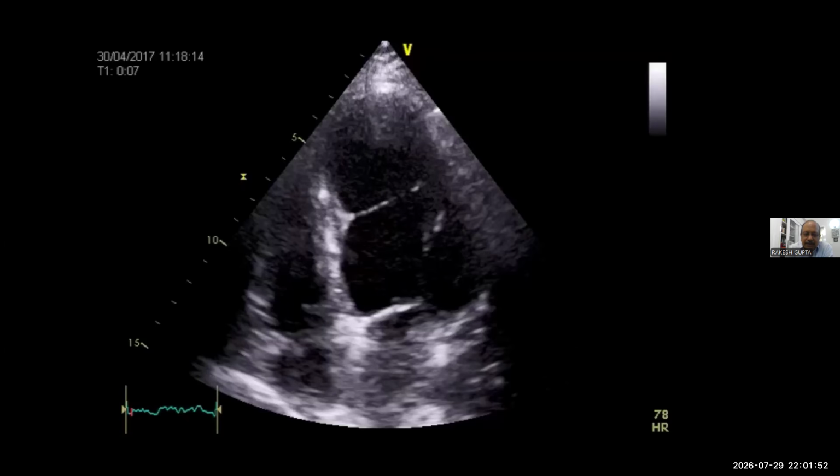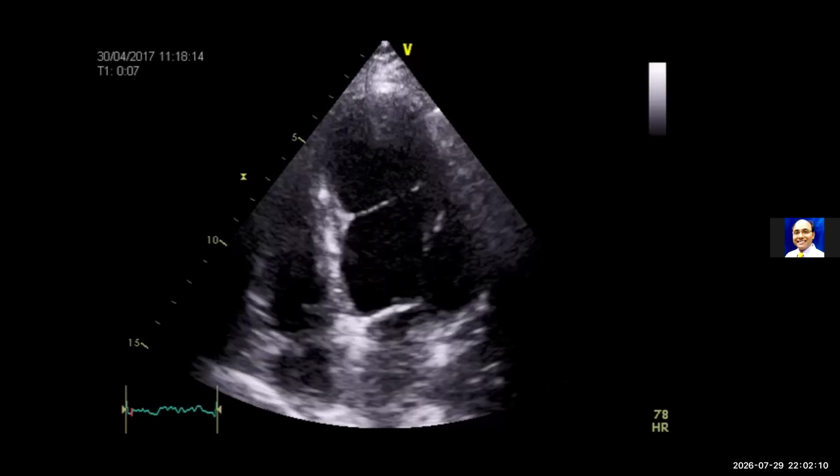The endocardium is still preserved. In a true aneurysm, like this post-MI aneurysm, the wall thickness would be completely lost. It's thinned out completely. So that's the difference between Takotsubo versus this aneurysm.